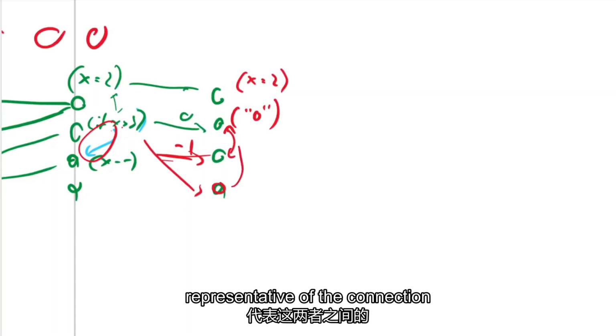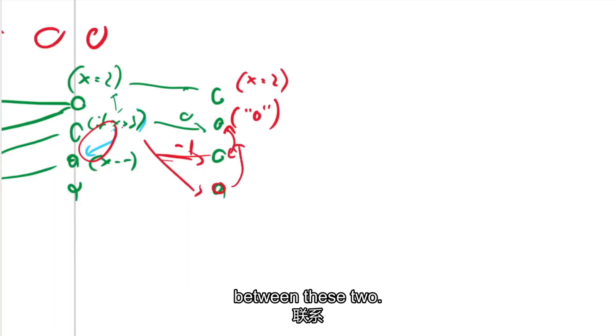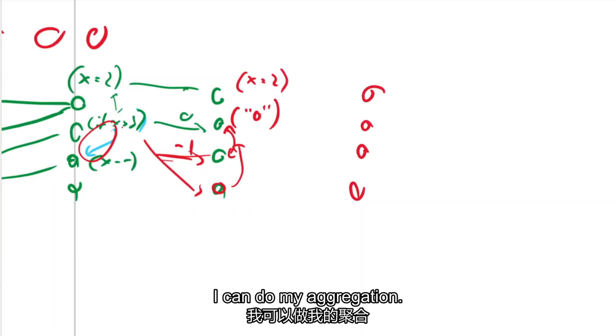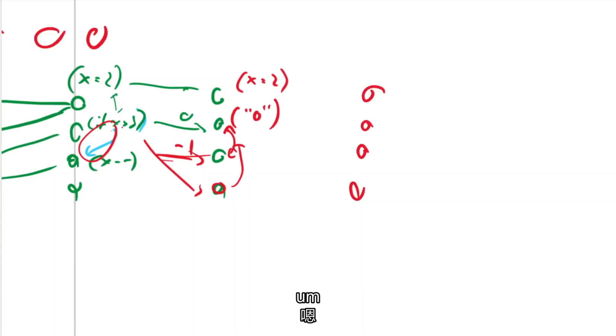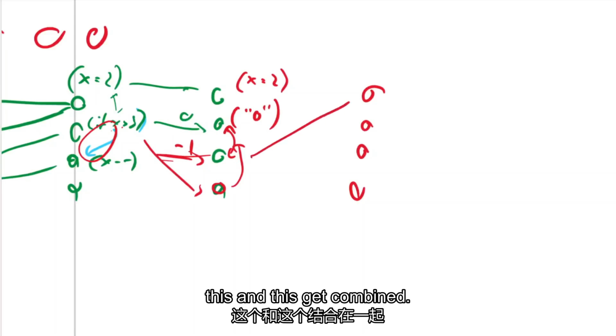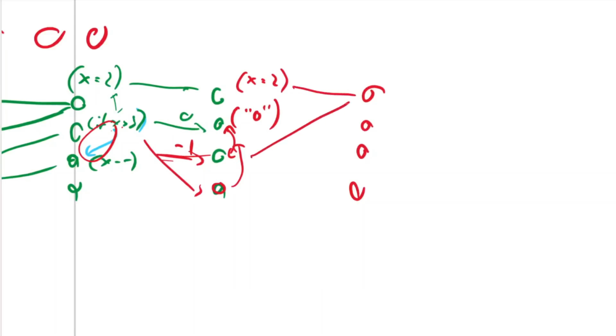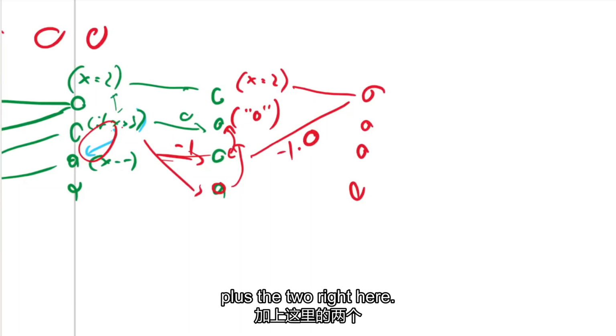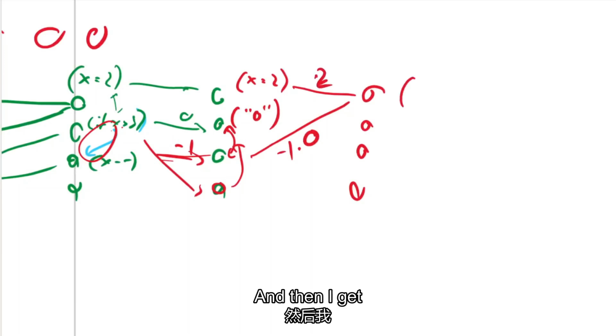This node could be representative of the connection between these two. And then in the next layer, finally, I can do my aggregation. It's then this and this get combined. And then this is 0 because it's -1 times 0, plus the 2 right here. And then I get at my final x equals 2.